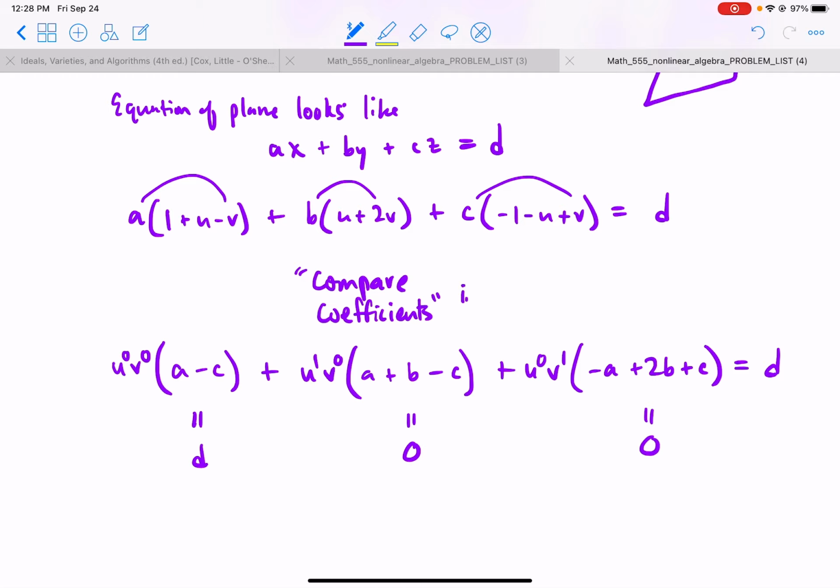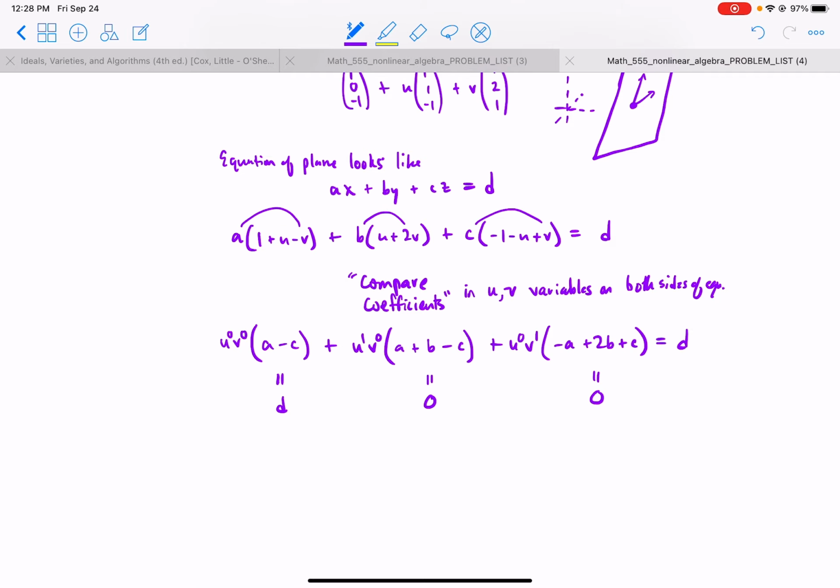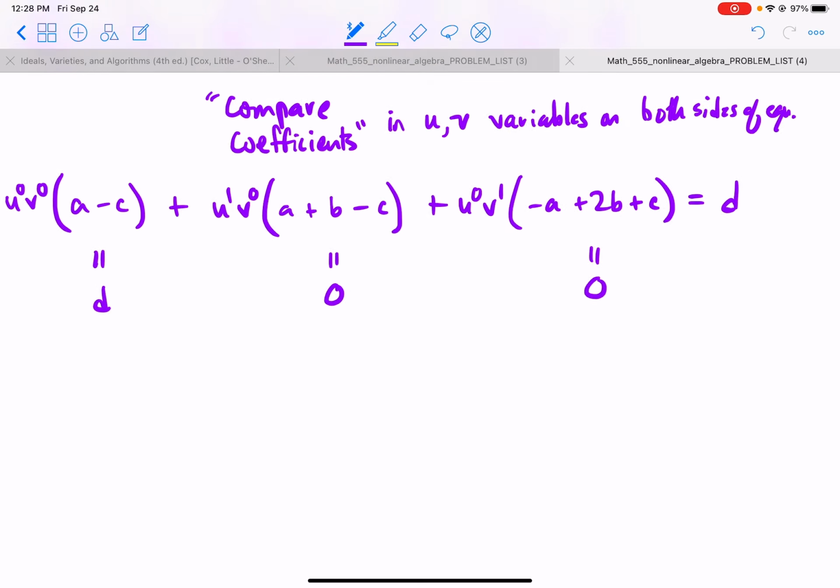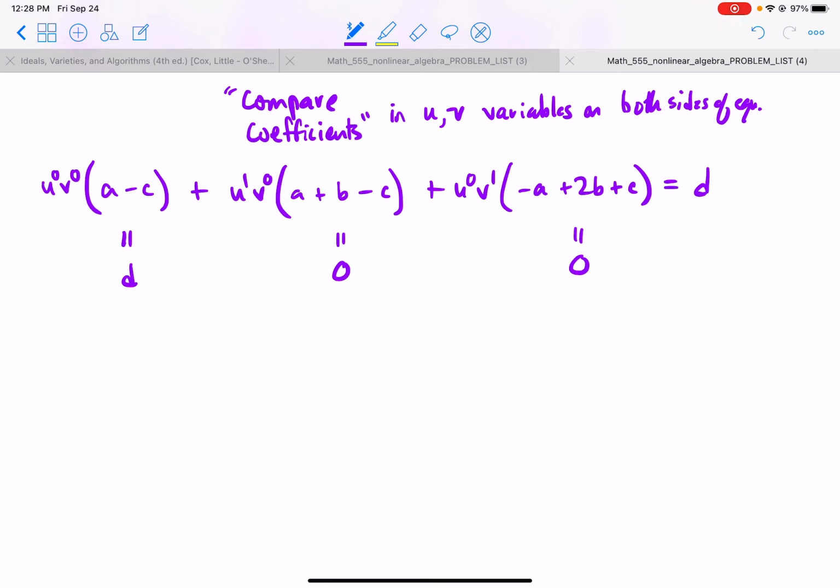Compare coefficients in u, v variables on both sides of the equation. Okay, so now I have 3 equations in 4 unknowns. They are a, b, c, d. That's what we didn't know.